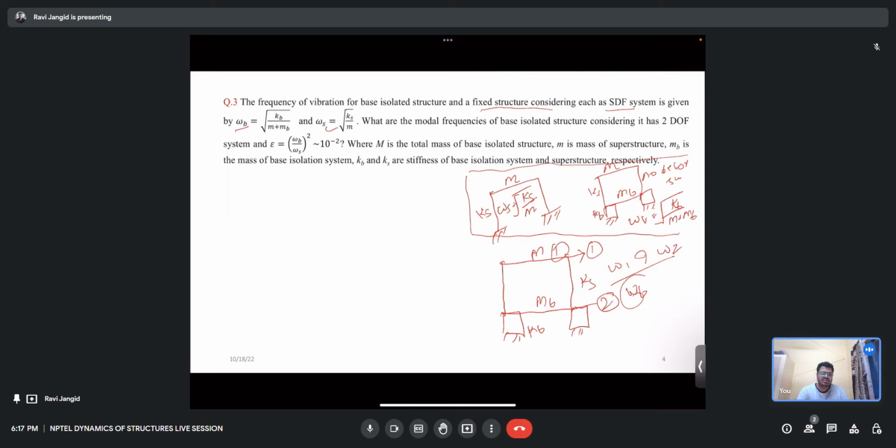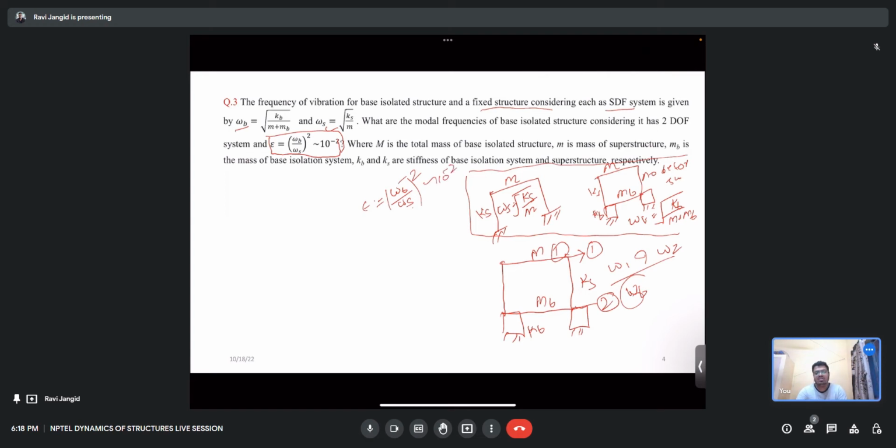And there is a parameter given to us: the ratio of the frequency of the base isolated structure to the frequency of the superstructure, omega b by omega s, squared, is around 10 raised to power minus 2.